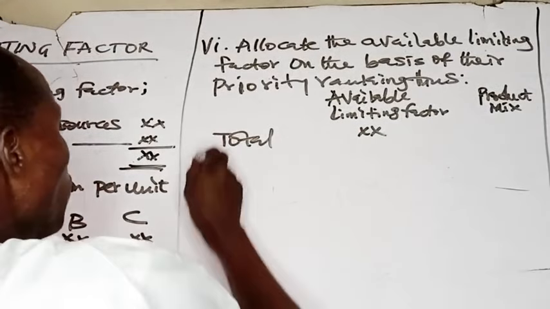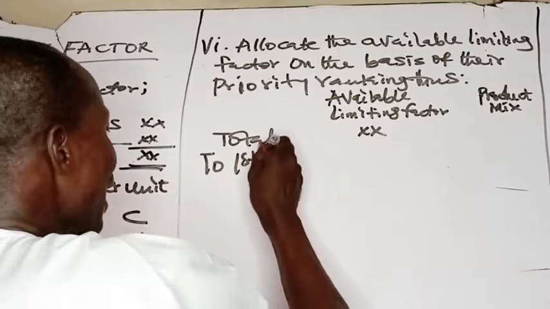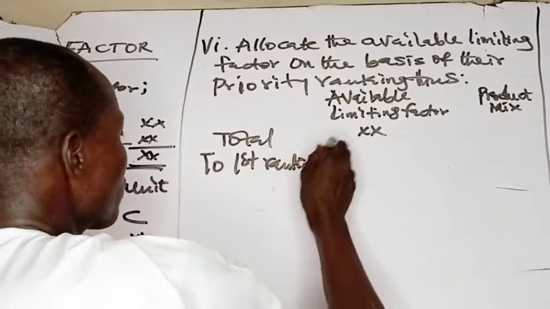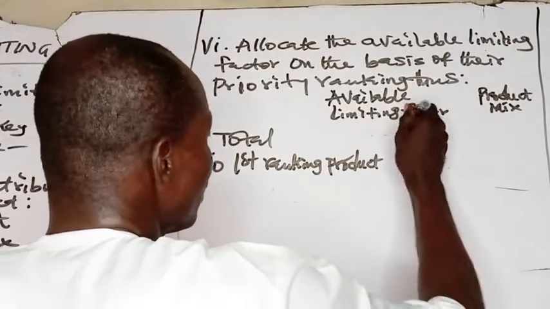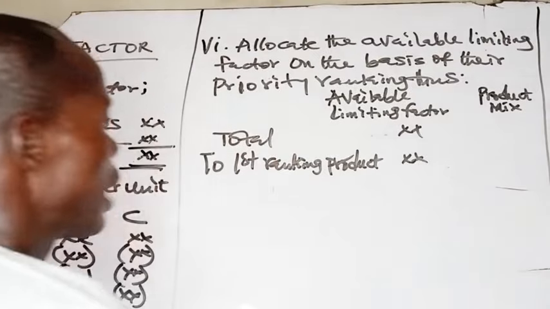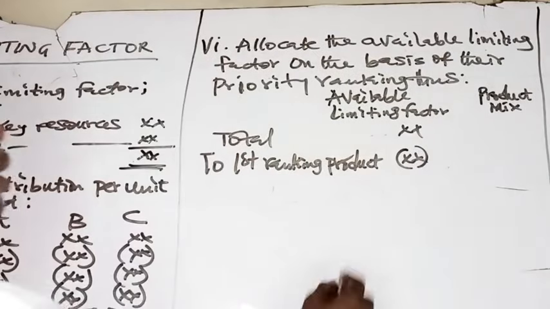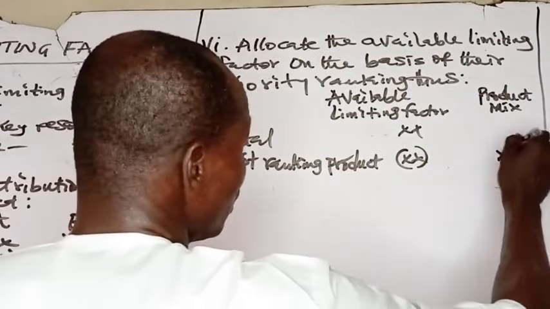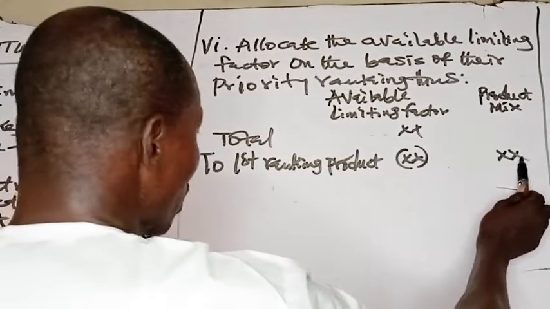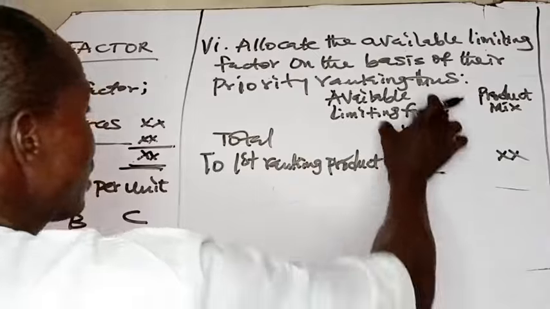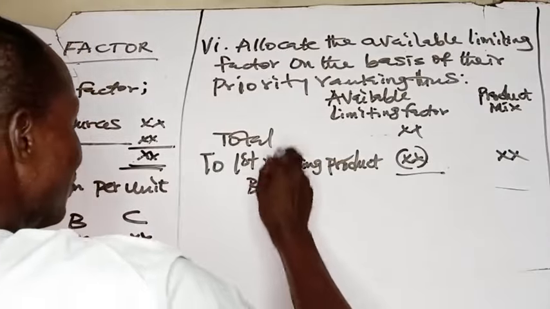Then to the first ranking product, the product that is ranked first, you allocate to that. Since there is sufficient of that key resources, you can still produce up to the maximum units of that product demanded. Then after you subtract this from the available, you have the balance.